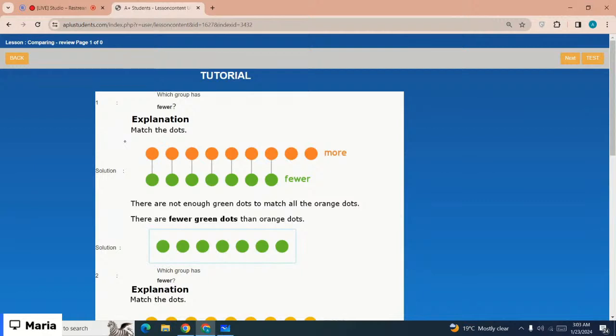So when you see orange and green, just start matching them. You can see here you still have two orange dots but no green dot. There are not enough green dots to match all the orange dots. That means the green dots are fewer than orange dots.